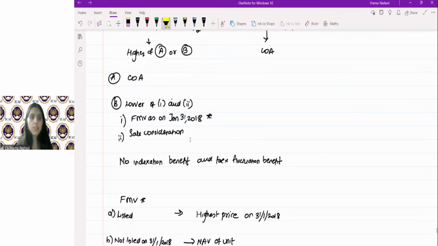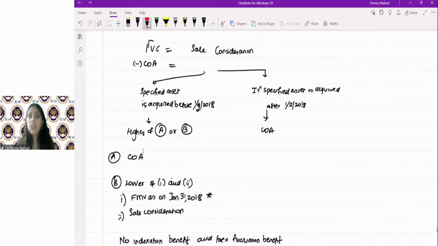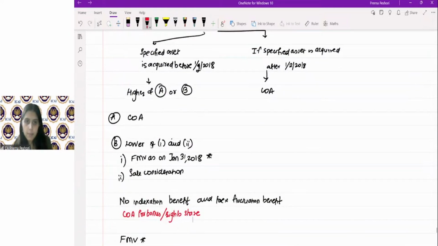You can write here: cost of acquisition for bonus or rights shares acquired before 1st February 2018 is the FMV as on 1st February 2018.